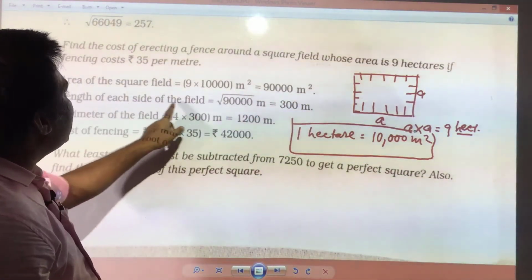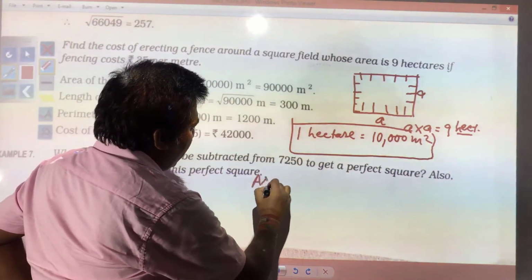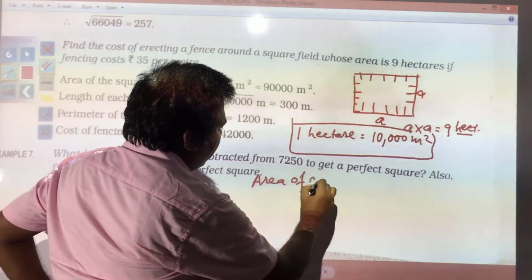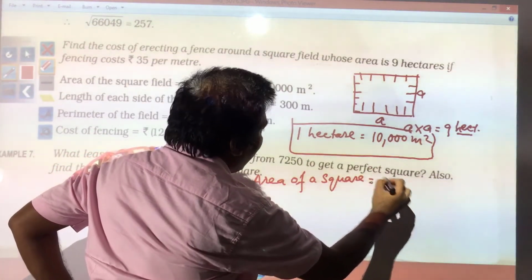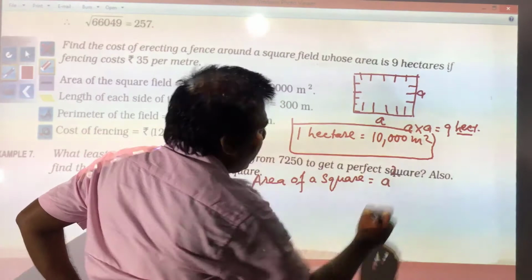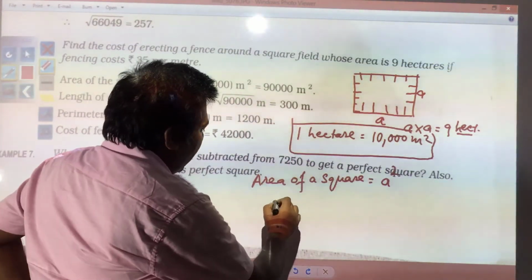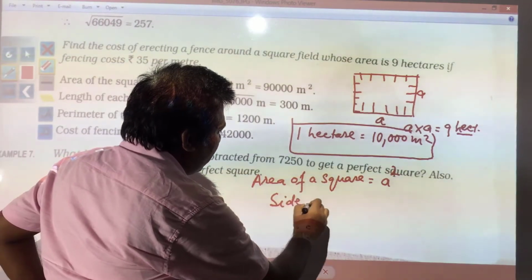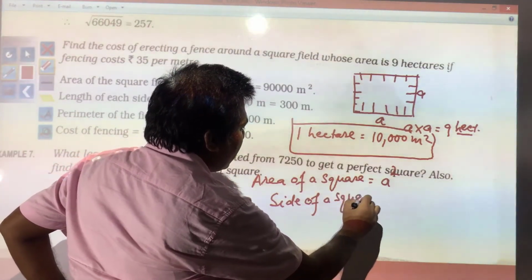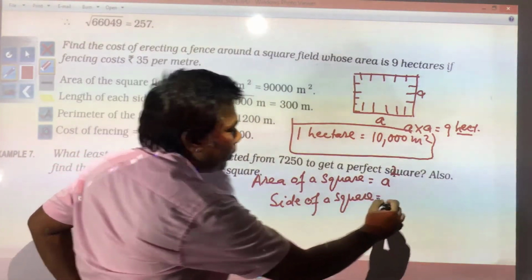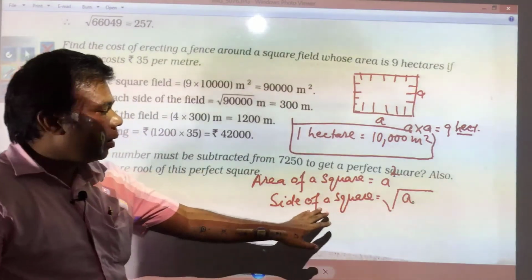Now the length of each side of the field, this also you need to remember. Area of a square is equal to side into side, that is A square, and side of a square means root under area. This is the formula.